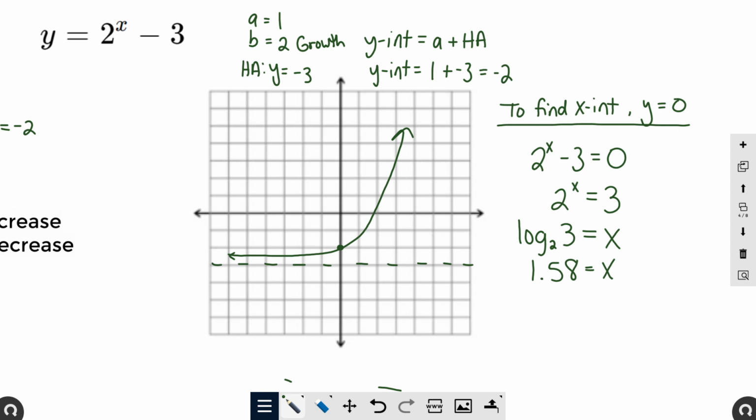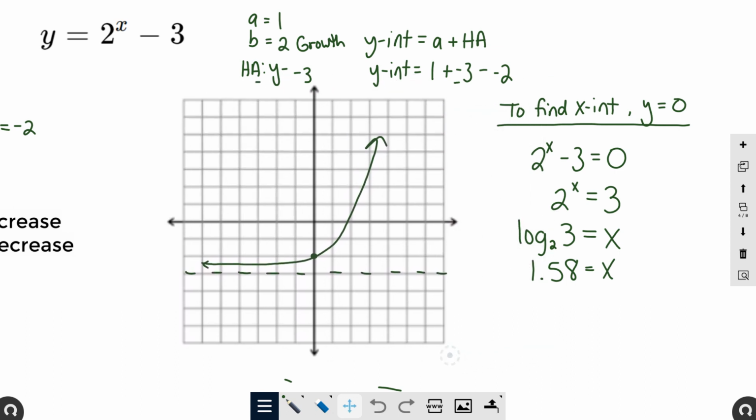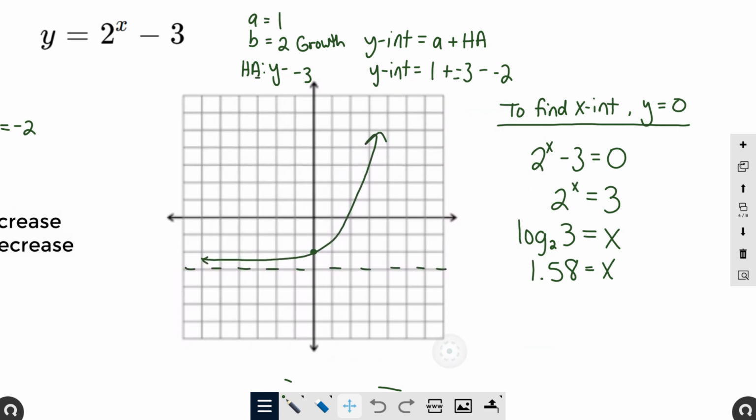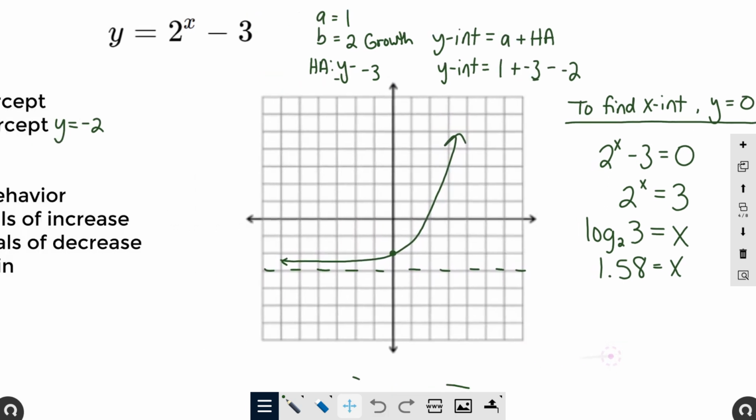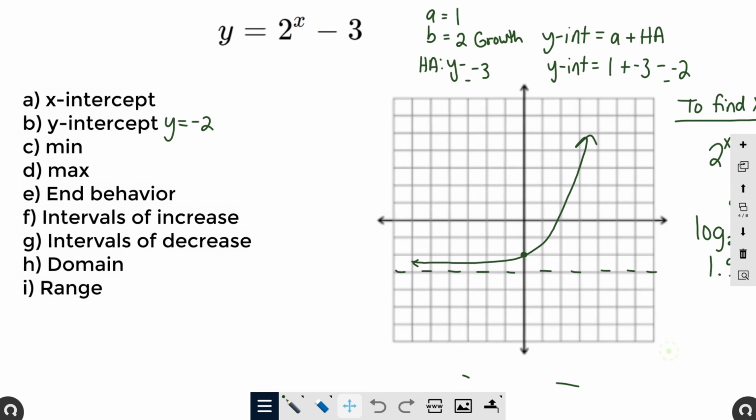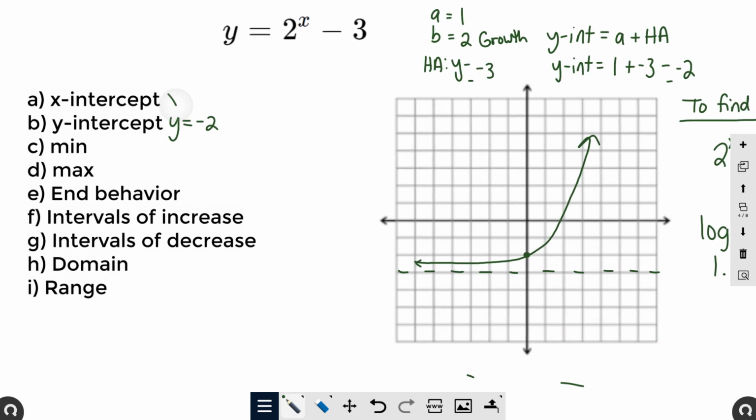I'm just saying, only round once. So don't keep rounding and rounding. Okay. So our x-intercept is 1.58.